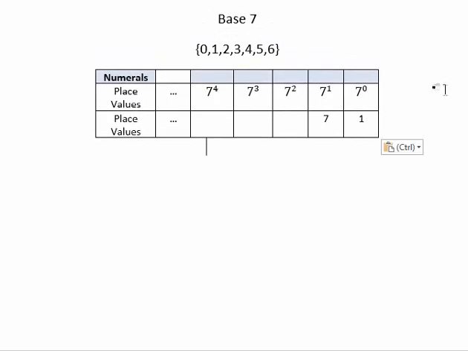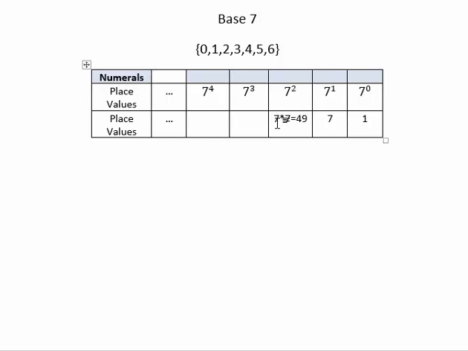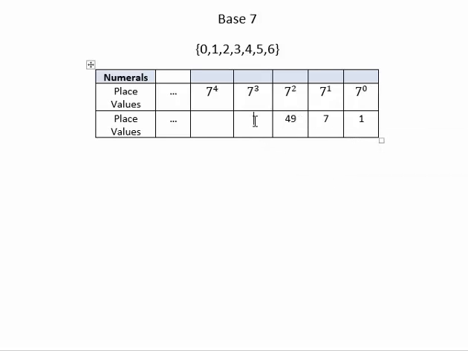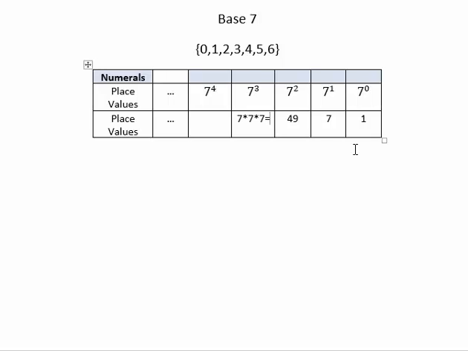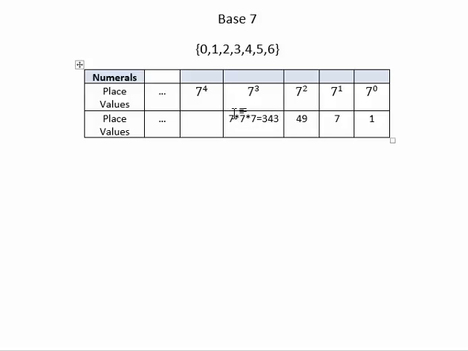Now to find out what the actual numbers are for each place value, we just note that 7 squared means 7 times 7, which is 49. The next place value to the left is 7 times larger, or 7 times 7 times 7, which is 343.